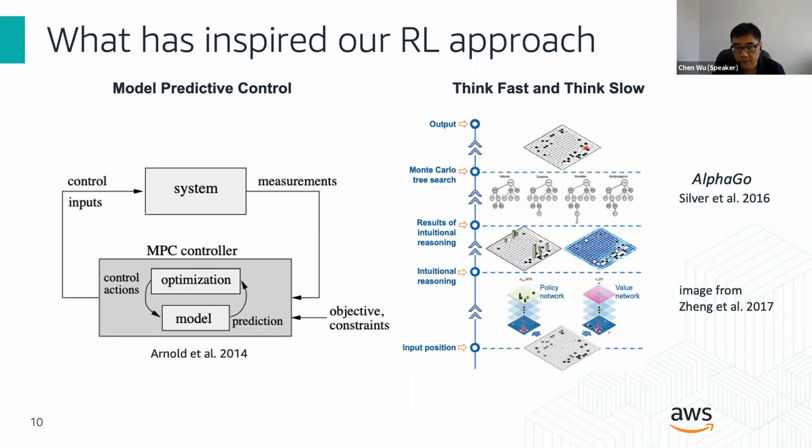And the other part is what I call think fast and think slow. Usually in reinforcement learning, the agent can be quite fast, because when you use a policy neural network or value neural network to learn the mapping between your states and your actions, or between the states and the evaluation of those states, this can be quite fast during inference time.